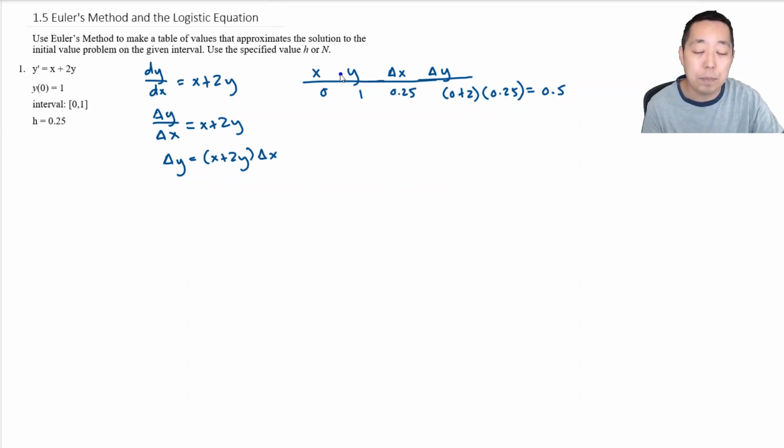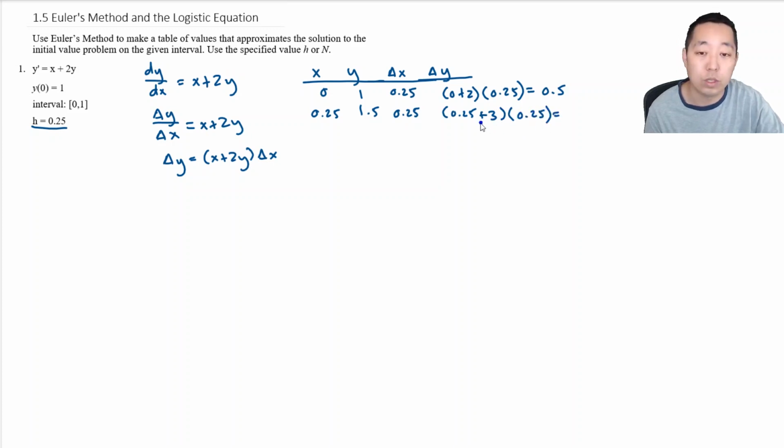The next step is to say, okay, we're going to move over a delta x to 0.25, and my y I'm going to change by delta y, so 1.5. My delta x is always fixed typically when we're doing Euler's method. That's what h is. Now we're going to do delta y again. This is 0.25, x plus 2y, so 2 times 1.5 is 3, times delta x, which is 0.25.